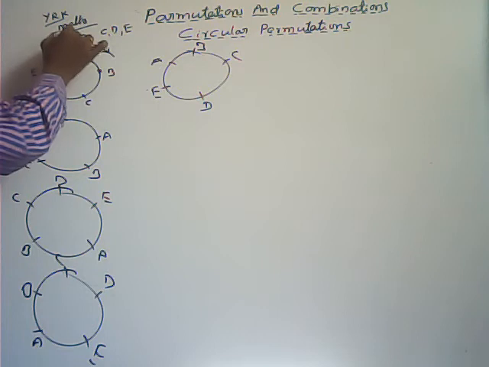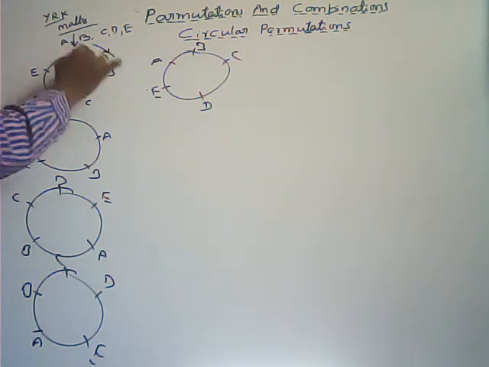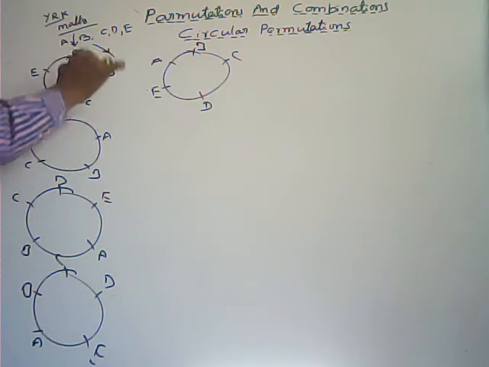Now, if the observer observes from here, what are the objects in the clockwise direction?